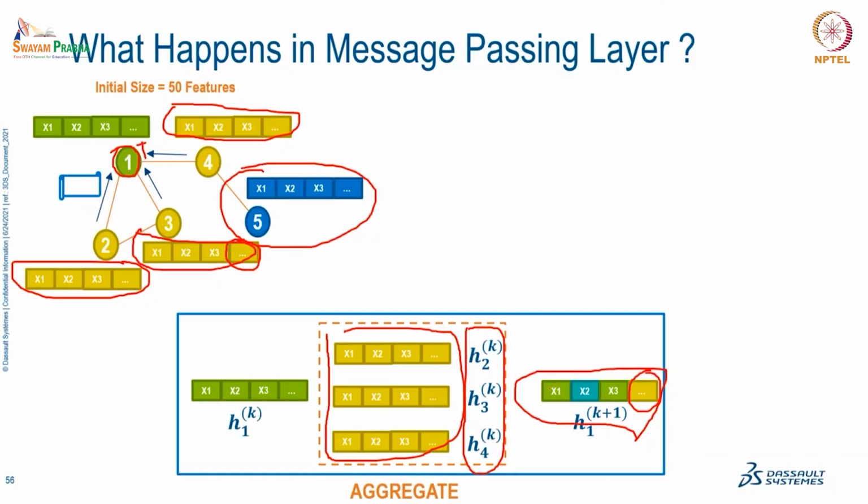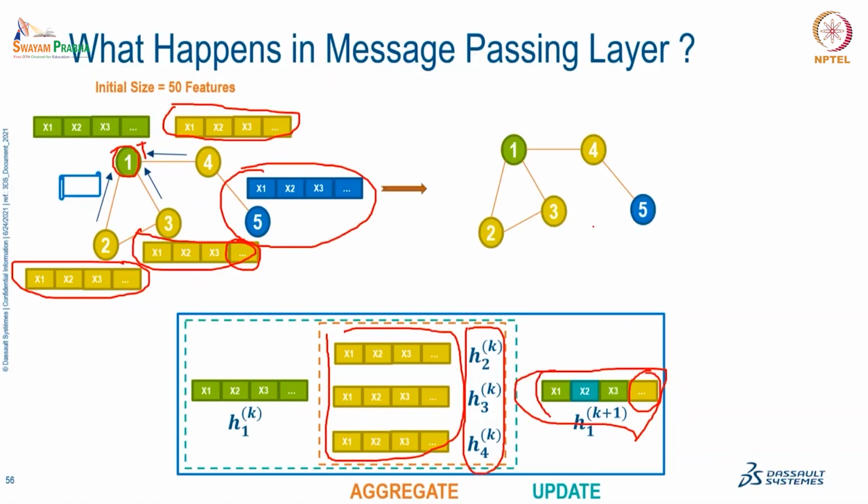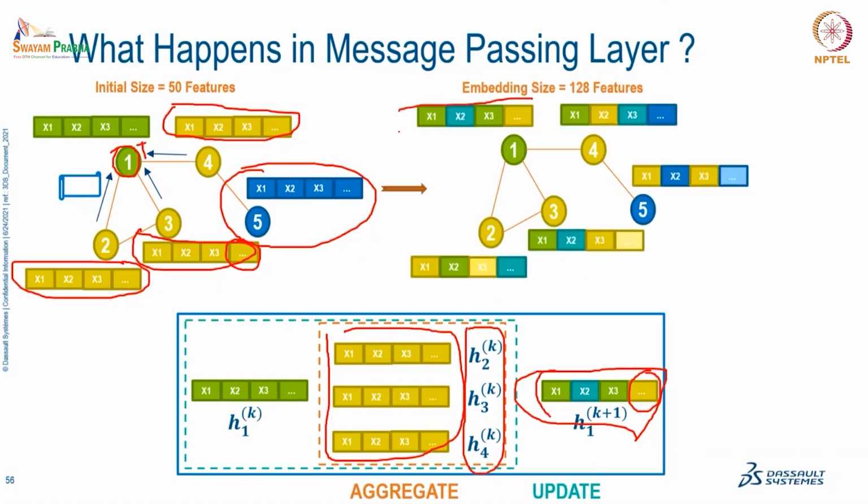Once this is the output, we'll update this embedding in the graph. So now we get this embedding, and this replaces the input vector. The same thing for the other nodes takes place in the background, and all these embeddings get updated.